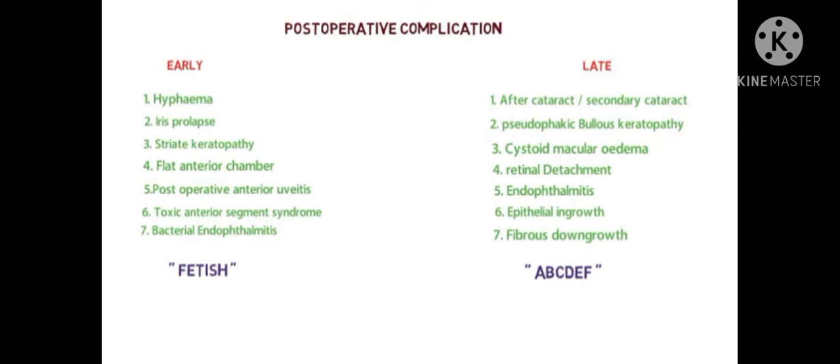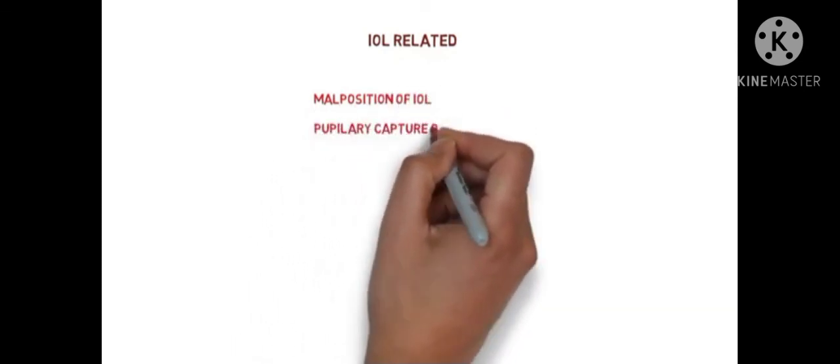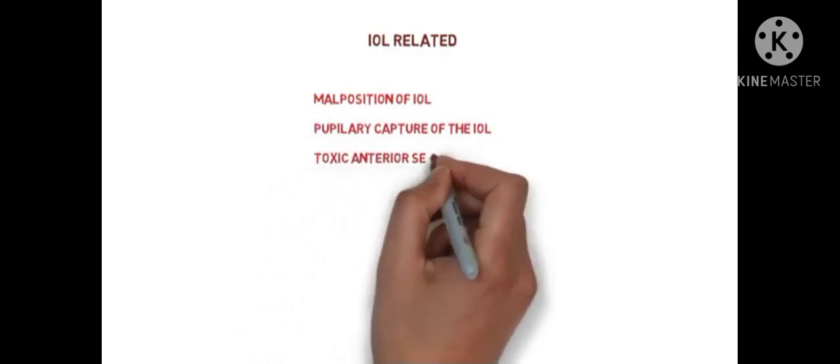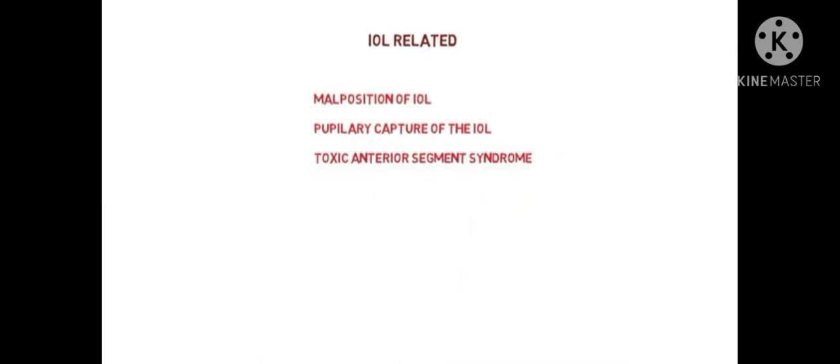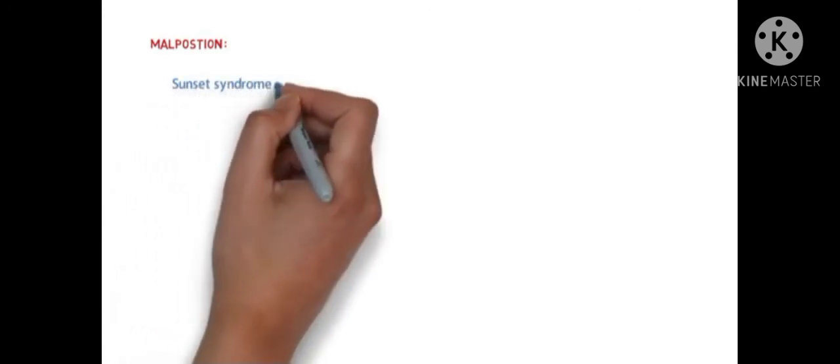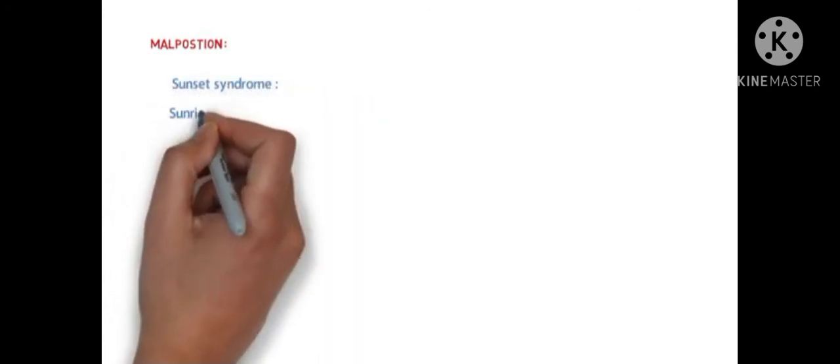So this is about early and late postoperative complications. And at last, we are going to discuss intraocular lens related complications. There may be malposition of the intraocular lens, pupillary capture of the intraocular lens, or toxic anterior segment syndrome. In malpositioning of the lens, there may be sunset syndrome or sunrise syndrome.